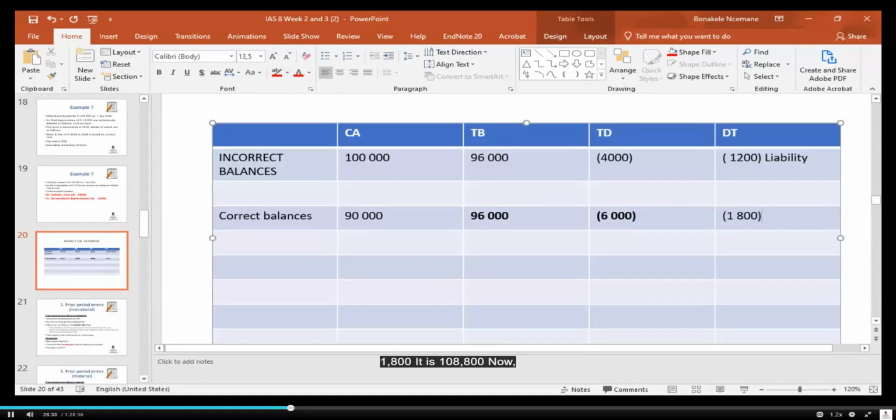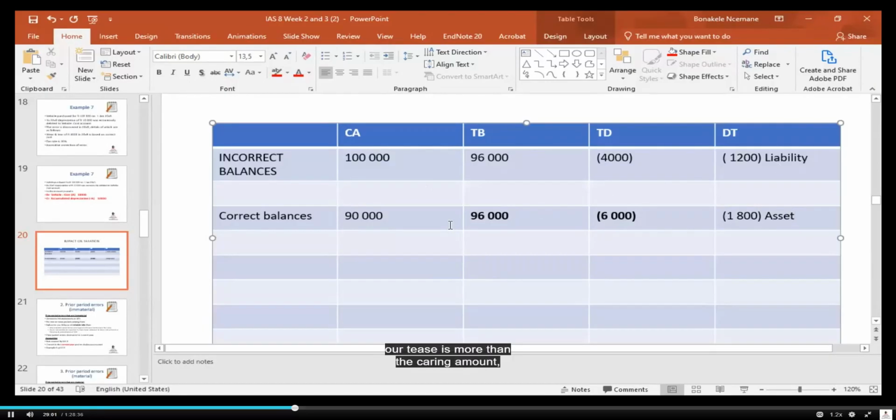1,800. Now, if the tax base is more than the carrying amount, is it an asset or a liability? It is an asset. Remember, when our carrying amount was more than the tax base, it was a liability. Now the inverse is true.